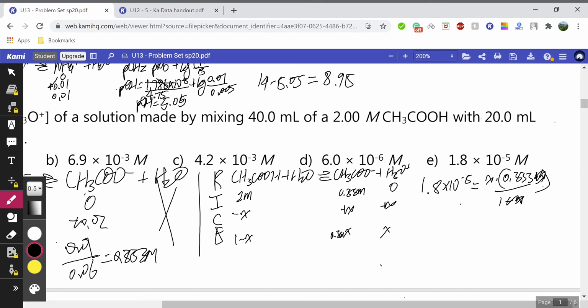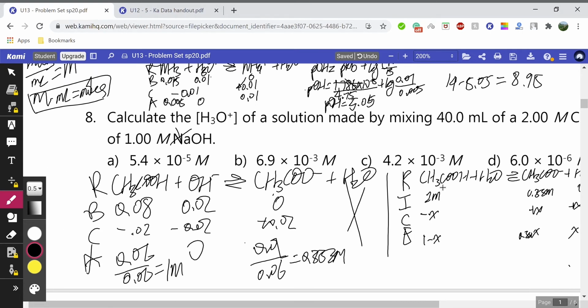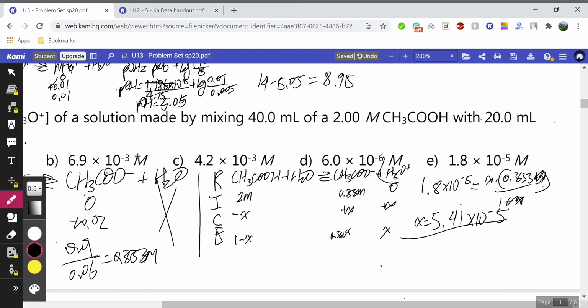So the answer is going to be 1.8 times 10 to the negative 5th power divided by 0.333 times 1, which we don't really count. And our answer will be x equal to 5.41 times 10 to the negative 5th power. 5.41 times 10 to the negative 5th power is closest to A. So our answer choice will be A, and this is the concentration of H3O+.